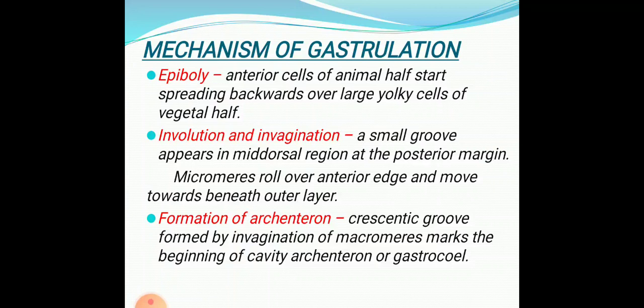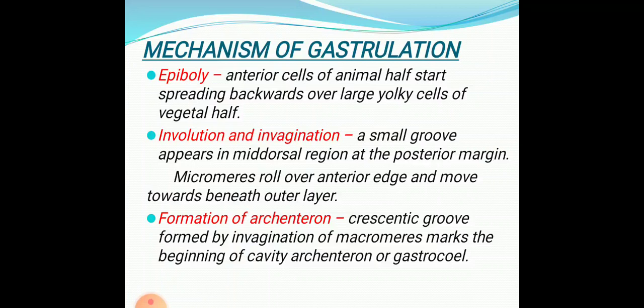And what is emboly? Emboly is the movement of cells into the embryo. Emboly means inside the embryo the movement of the cells takes place, hence it is called emboly.